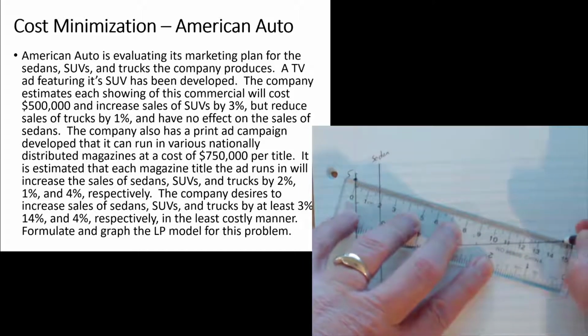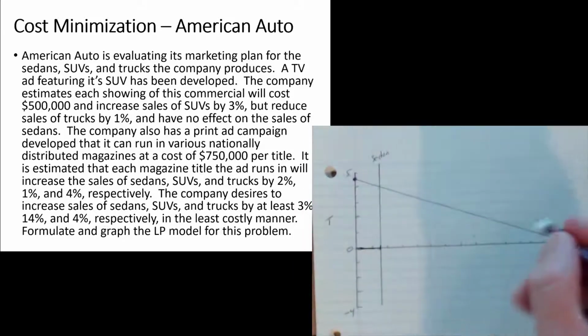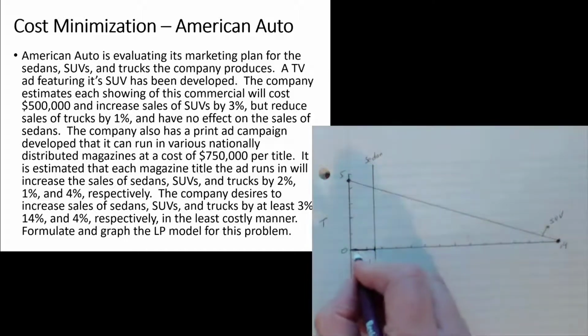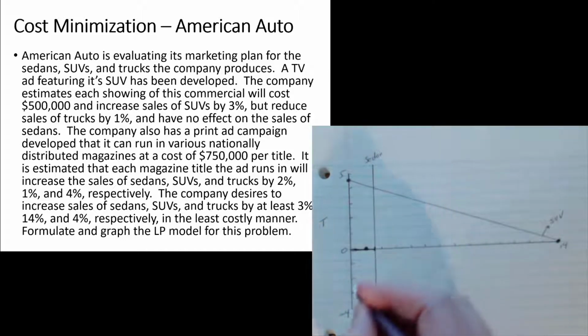My line between the 2 points, making sure that I label things here, and that's my SUV. And last but not least, the truck constraint. If T is equal to 0, P is equal to 1, and if T is equal to minus 4, P is equal to 0.